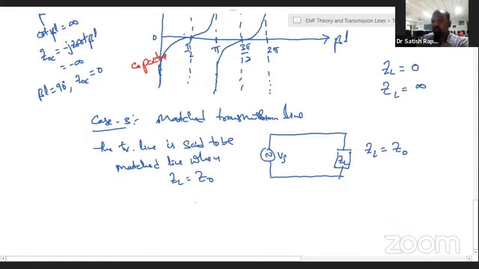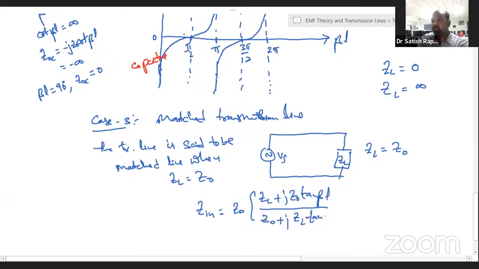So when ZL is equal to Z0, what is the input impedance? Input impedance is equal to Z0 times (ZL plus j Z0 tan beta L) divided by (Z0 plus j ZL tan beta L).